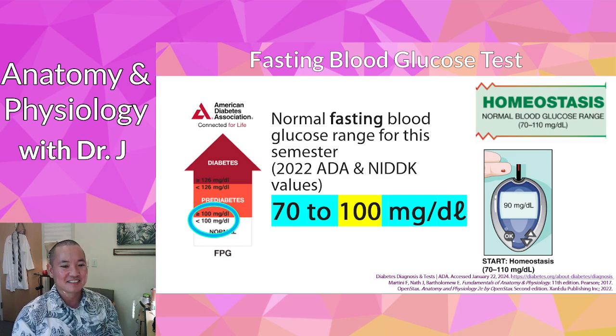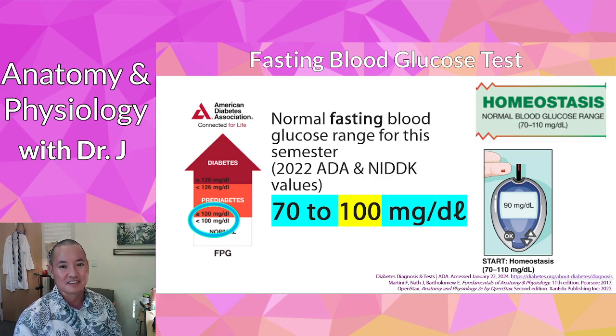But as of 2022, and I'm recording this in 2024, this is what is accepted by the American Diabetes Association and the NIDDK. The leading authority on health and research in the United States is the National Institutes of Health. The NIDDK is a subdivision called the National Institute of Diabetes and Digestive and Kidney Diseases.